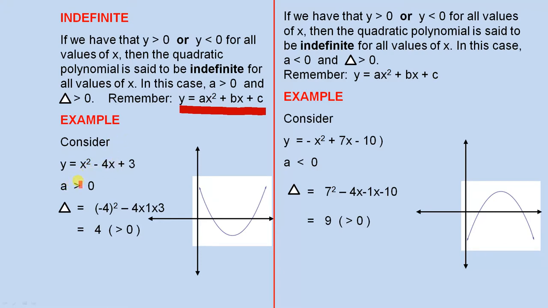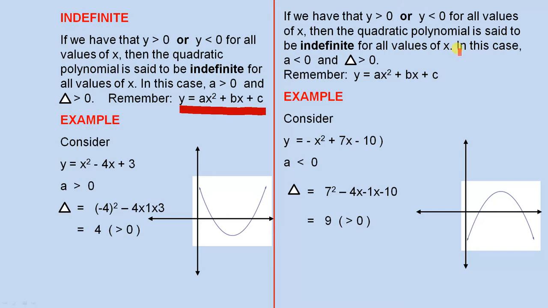We can see that a is greater than 0 because it has the value of 1. So the parabola has this orientation. We can also see that the discriminant, b squared minus 4ac, is 4. In other words, the parabola cuts the x-axis in two places, so the y values are either positive or negative.